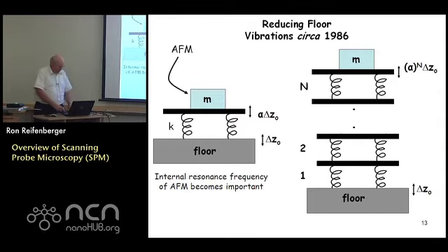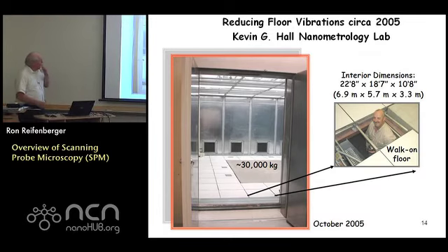That was in 1986. Nowadays, what we do is we build buildings like Burke, right? So inside of Burke, my lab at the end of the hallway on the first floor actually has a 30,000 kilogram slab of cement. This cement is isolated from the building vibrations by 6 inner tubes from automobiles, which are buried. You can't see those. You have to actually go underneath the floor. Here's a guy coming out.